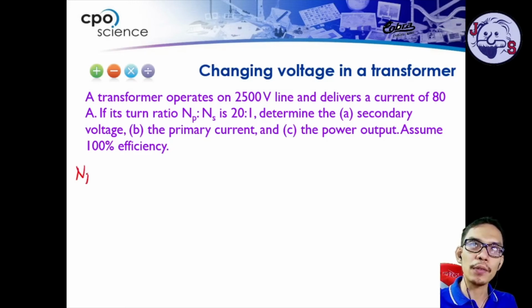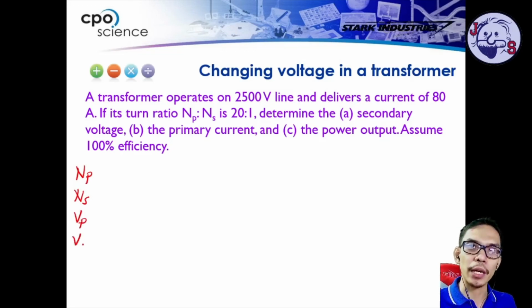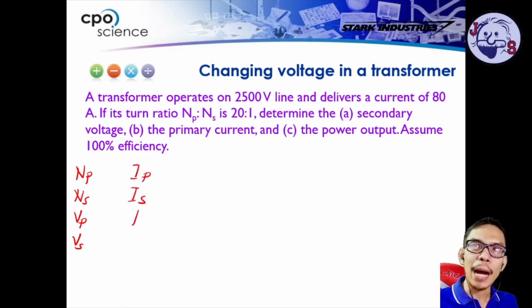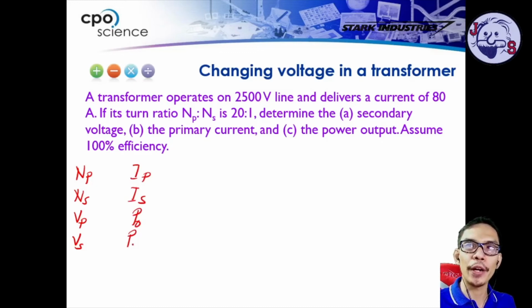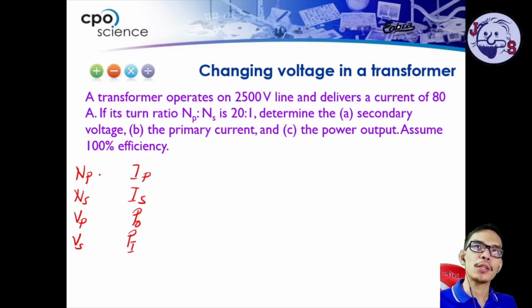Alright, so let's write down the primary number of turns, secondary number of turns, primary voltage, secondary voltage, primary current, secondary current, power output, and power input. So what is the primary number of turns? The primary number of turns is 20, secondary is just 1.